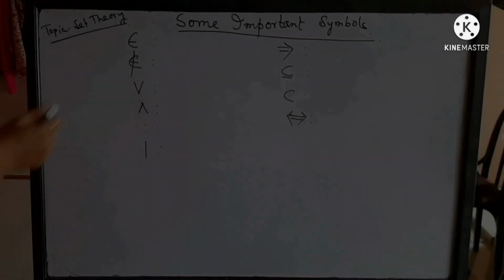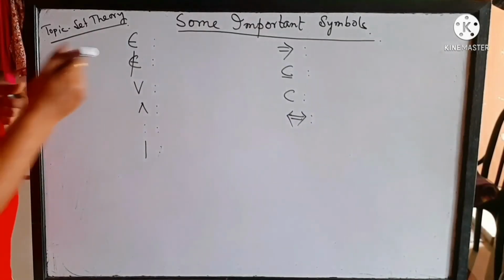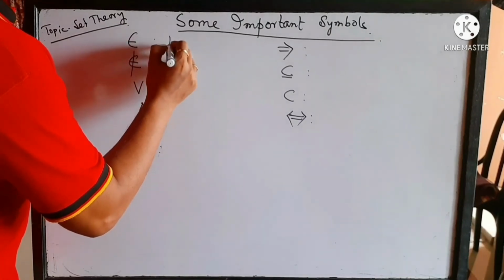To pass on to the main topic, we are first going to discuss some symbols which are very important to understand set theory. These are not all the symbols we need to understand set theory, but these are sufficient for the preliminary concept of set. So this is the first symbol, and we will use it to represent belongs to.